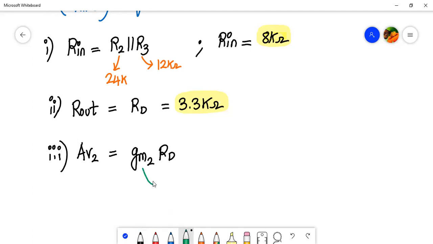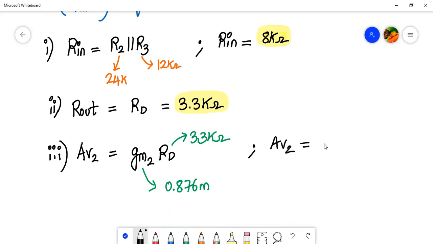The value of gm2 is 0.876 milli, and the Rd value is 3.3K. If you plug in all the values in the calculator, you will get the value of Av2 as plus 2.89. Remember, in this case the second stage gain is positive.